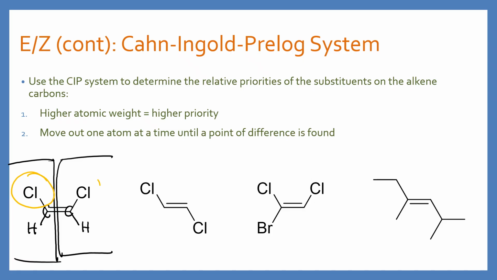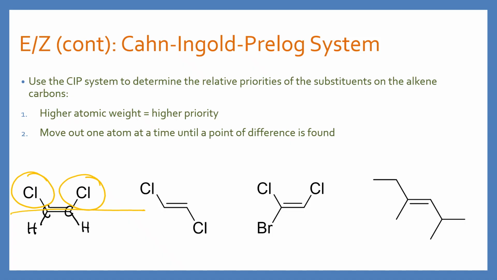And that's going to be the chlorine. So once you've decided your high priorities, you then look at the alkene and decide, are my substituents cis or trans across my alkene? These substituents are cis, they're on the same side. So this is a Z isomer. But also cis because it's only 2 substituents.